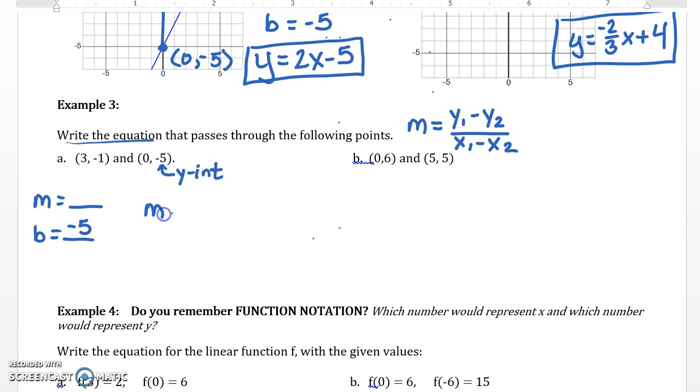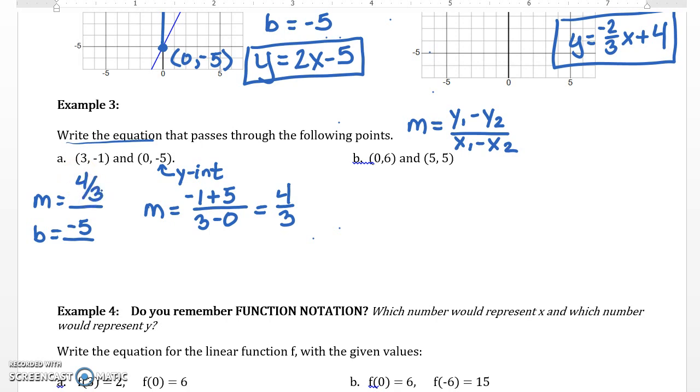So let's go ahead and do that. m equals, pick a point to start with and just be consistent, negative 1 minus negative 5 divided by 3 minus 0. Go ahead and simplify. Negative 1 minus negative 5 is 4. 3 minus 0 is 3. So I have a slope of 4/3.